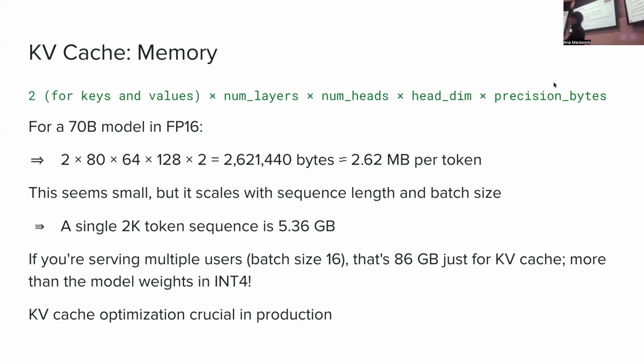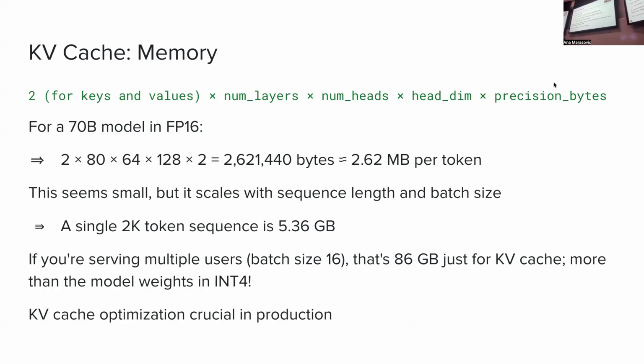Yeah, I was wondering why aren't we caching the previous queries in addition to these? Yeah, that's a good question. So remember that the attention matrix is basically the product of queries and keys transposed. And what we get is a matrix of sequence length times sequence length, where each row corresponds to a token in the input.